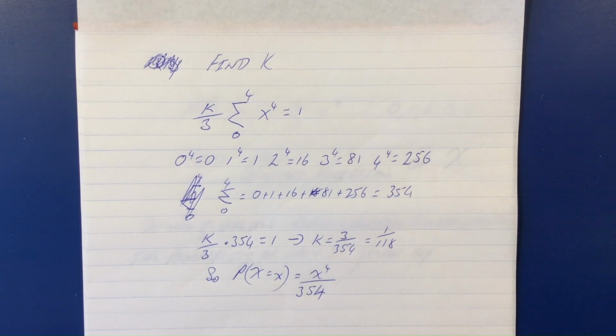So how do we go about finding k? Well, it's actually reasonably simple. The function, if you will, that gives us the values of each discrete random variable must total to 1.